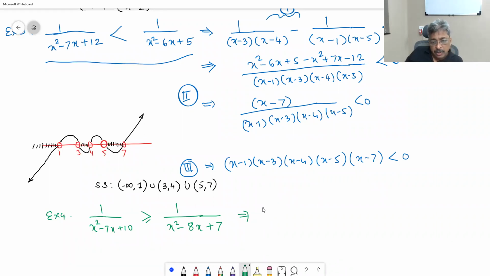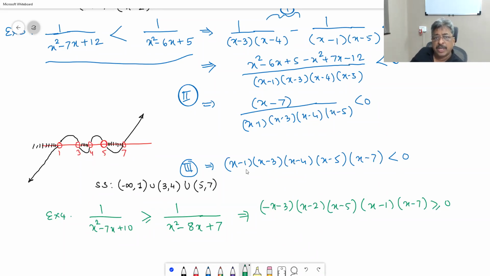You get minus x minus 3 into x minus 2 into x minus 5 into x minus 1 into x minus 7. This should be greater than or equal to 0. That is what you get after the first step. First step is take everything to the left. Second step is make the denominator a perfect square. If you perform those two steps, then cross multiply, this is what you get.